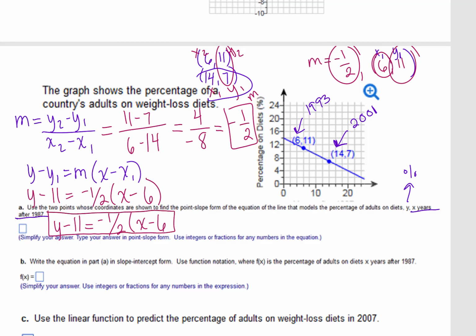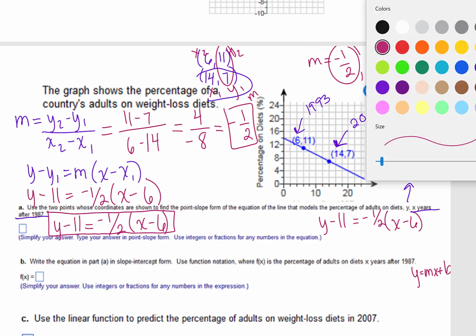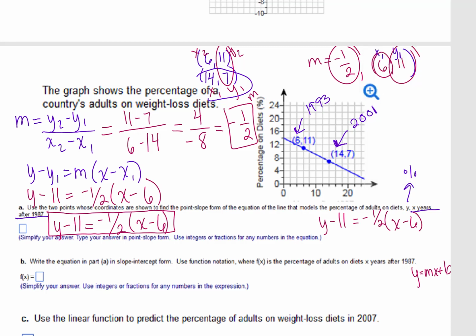Now they want us to write it in slope-intercept form. Remember, slope-intercept form is y equals mx plus b. So I'm going to bring my point-slope form over here and start simplifying.